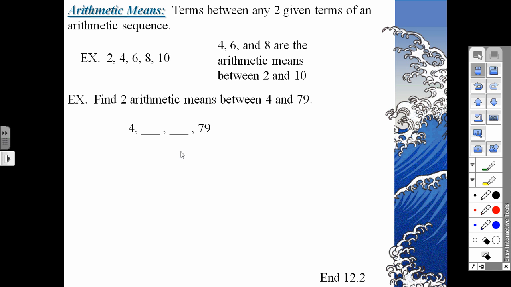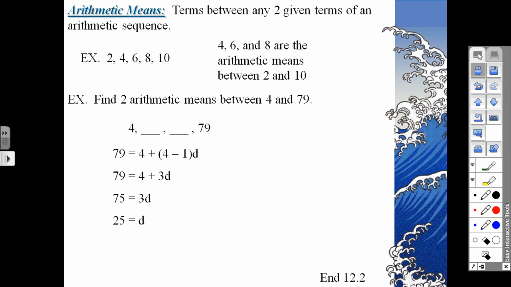So using our formula, we know that this is the fourth term, this is the first term. So I can say that 79, the fourth term, is equal to the first term plus n, which is 4, since this was the fourth term, 4 minus 1 times the common difference. And now all I have to do is solve for d. I get d is 25.